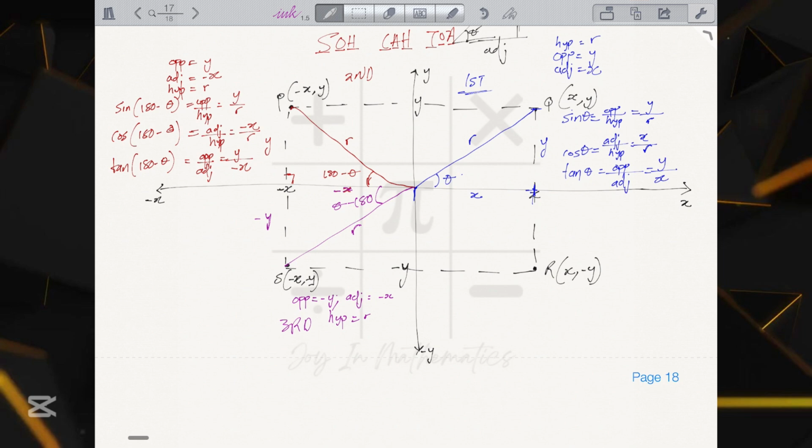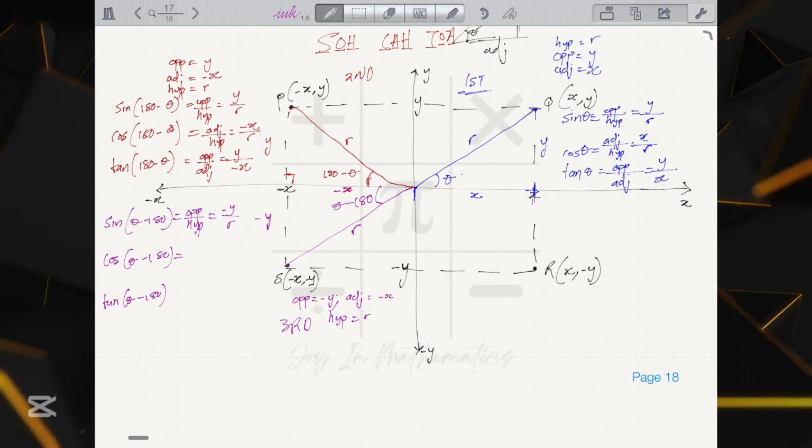So let's begin. Sine theta minus 180. We evaluate for cos theta minus 180, and also for tan theta minus 180. Remember that sine is opposite over hypotenuse. The opposite is minus y. The hypotenuse is r. Minus y over r.